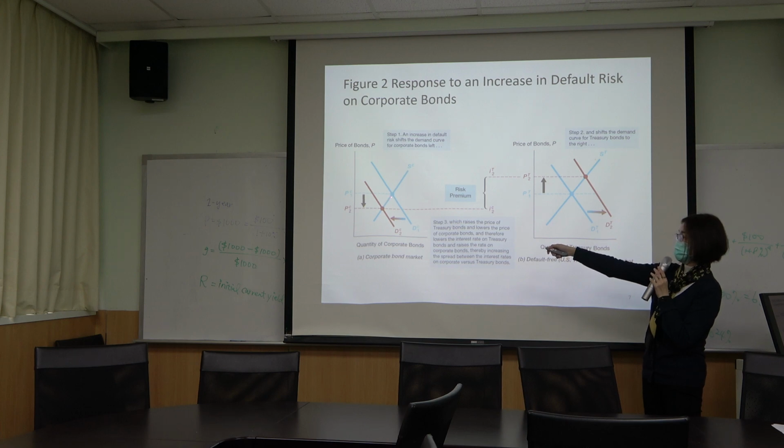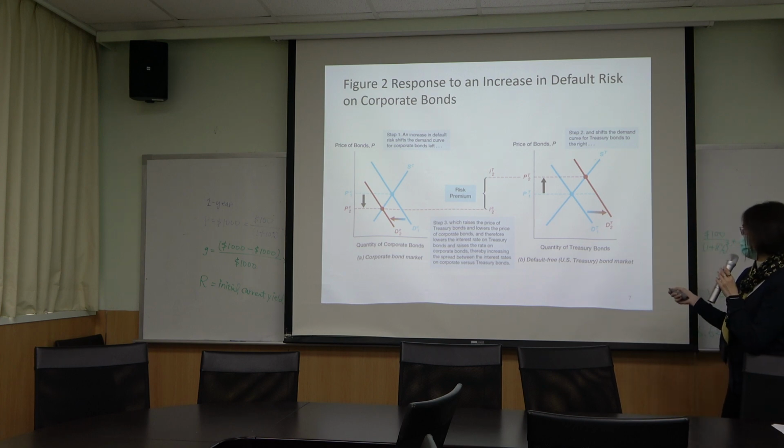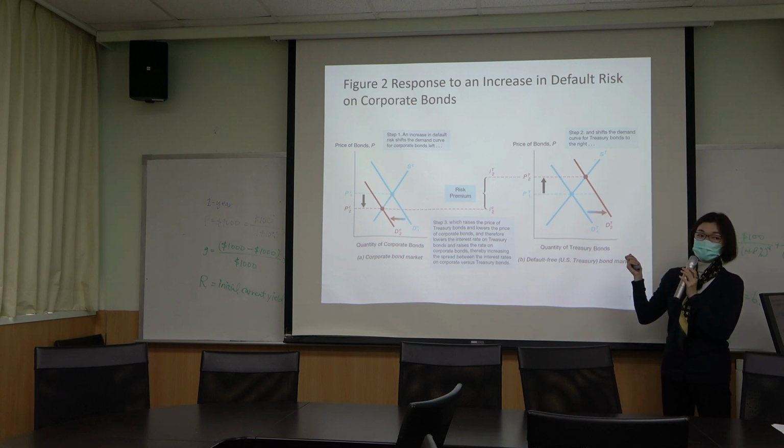So we see the demand curve for the corporate bond shift to the left. That just lowers its price, whereas in the U.S. Treasury bond market, because its default risk is still the same.